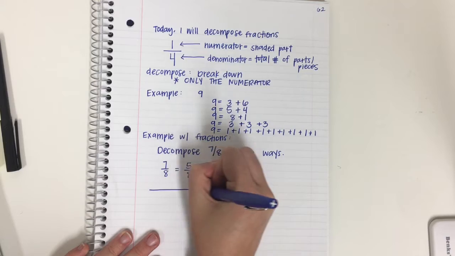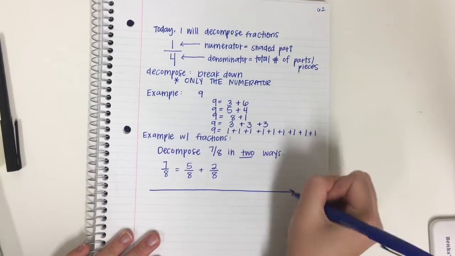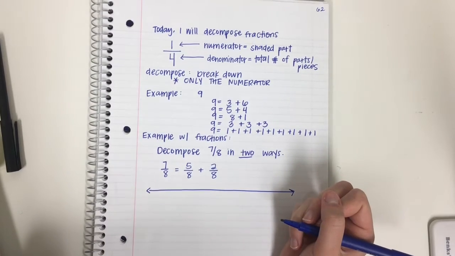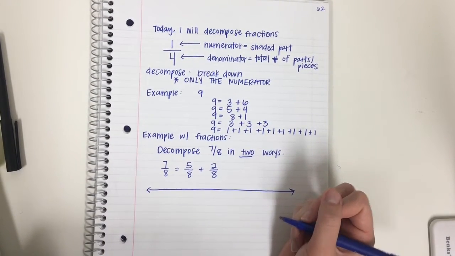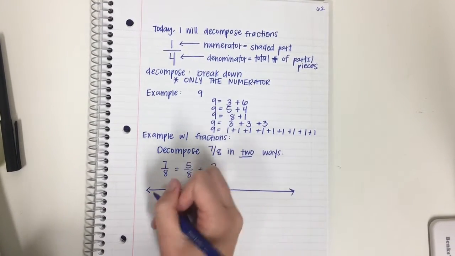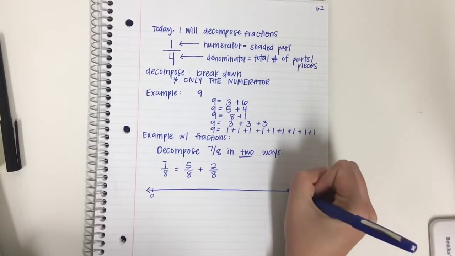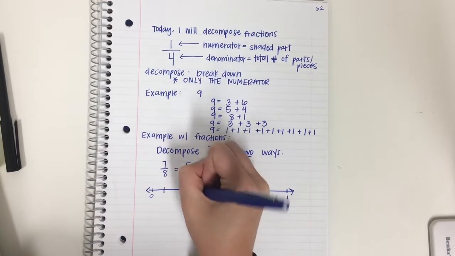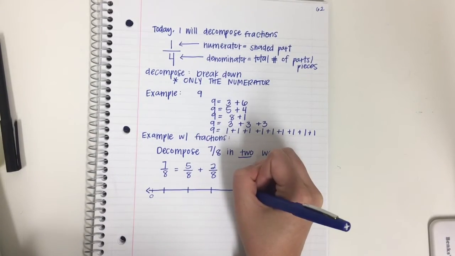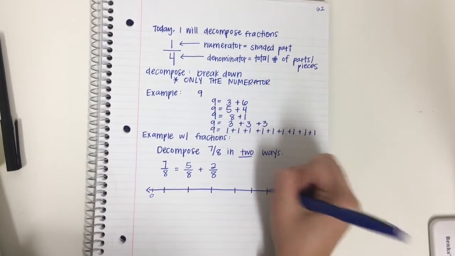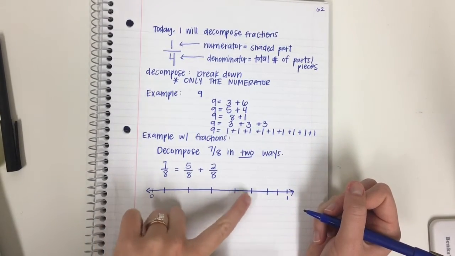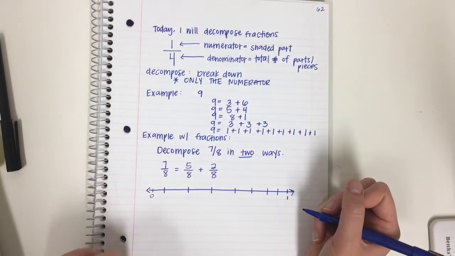And I'm going to do a model using a number line. So how many parts is mine broken up into? 8, right? So I have my 0 over here, I have my 1 over here, and now I need 8 parts. So 1, 2, 3, 4, 5, 6, 7, 8, right? 1, 2, 3, 4, 5, 6, 7, 8 parts.